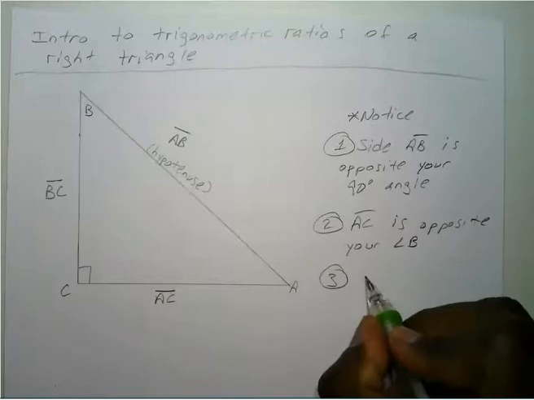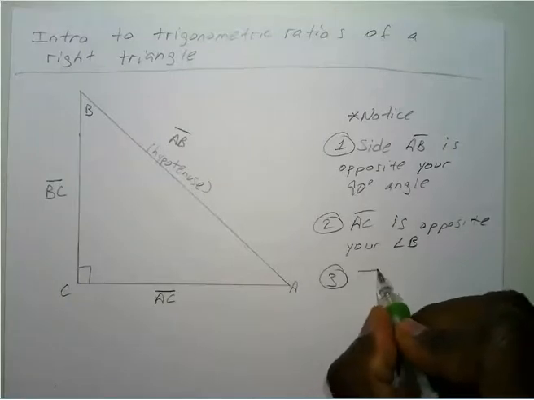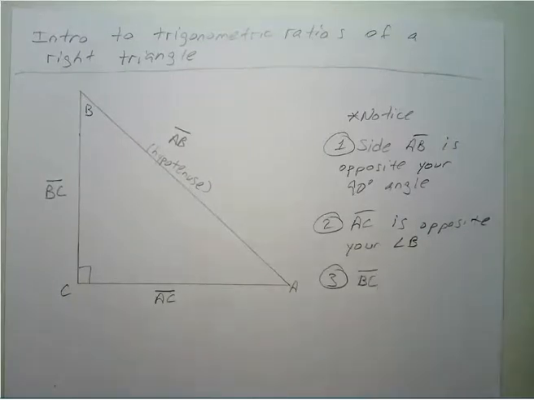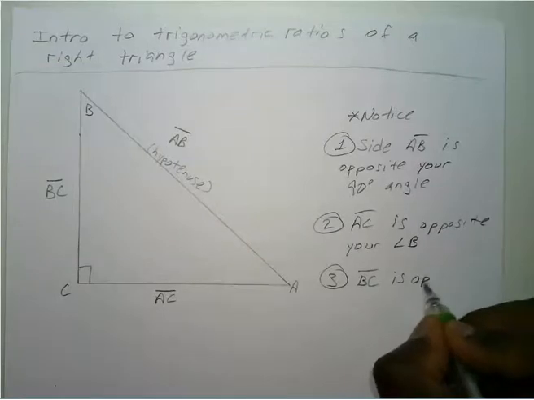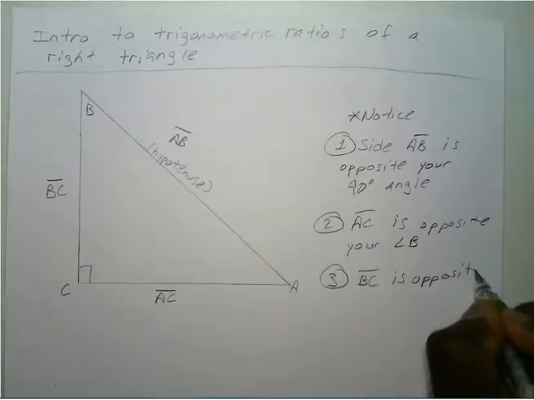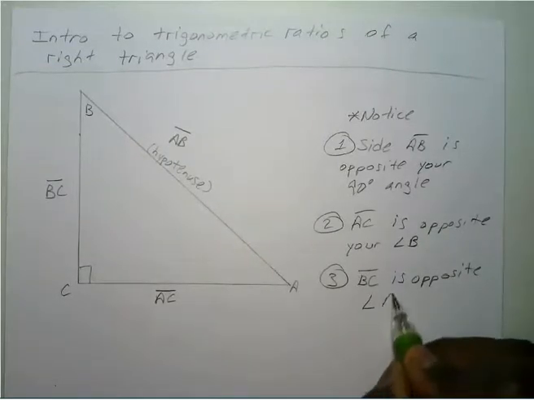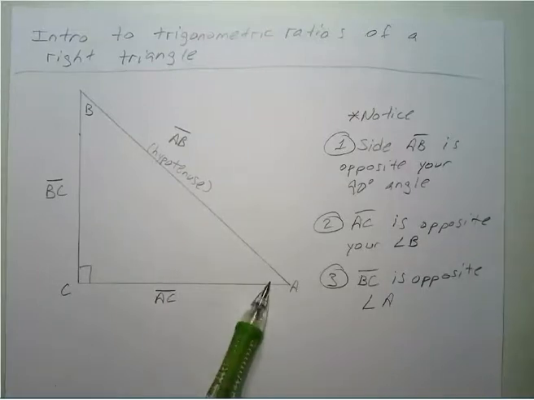The third thing you're going to notice is side BC is opposite angle A. This is angle A, and side BC is the opposite of it.